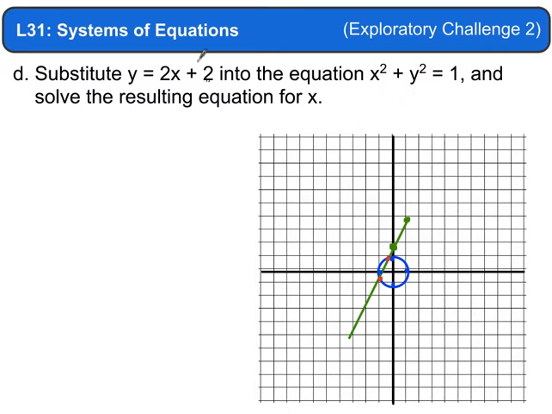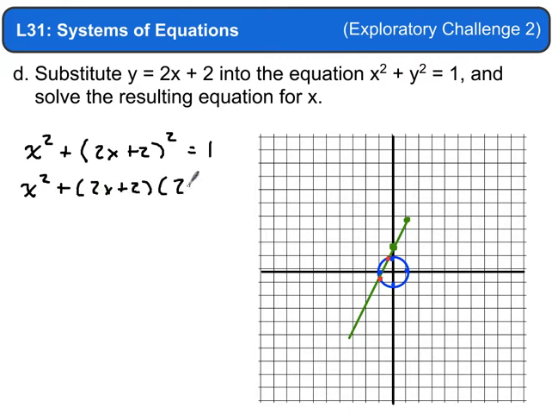So to do that, we now know what y equals, so we're going to write x squared plus, and where there's y, we're going to write (2x plus 2) squared and set it equal to 1. And they want us to solve. So what we have to do is write this part down twice, because I have to multiply it out as such.